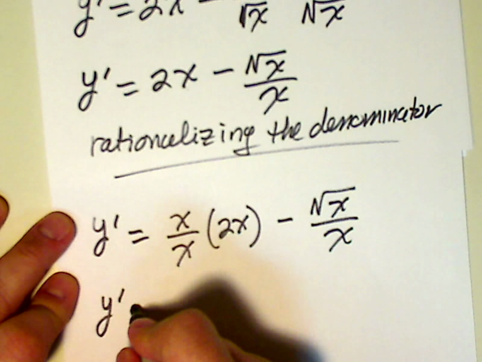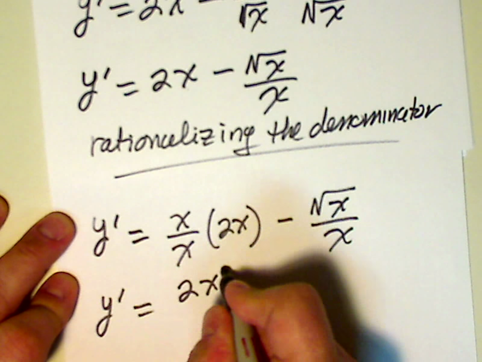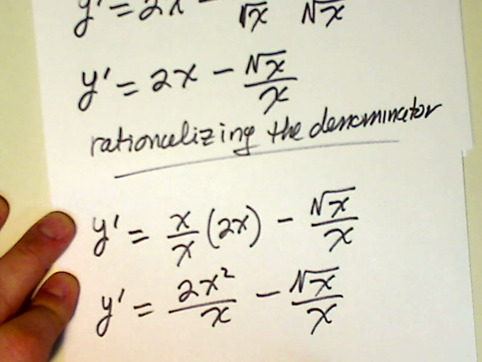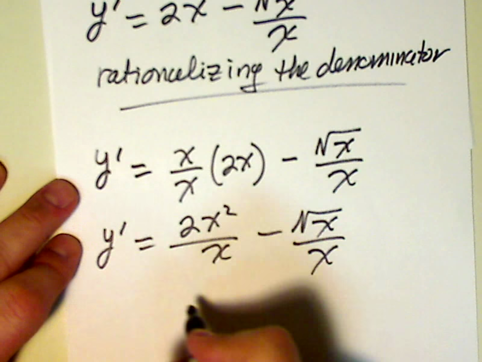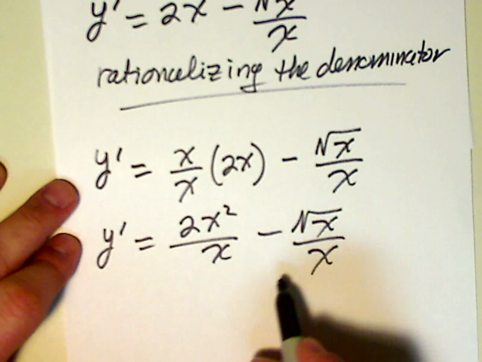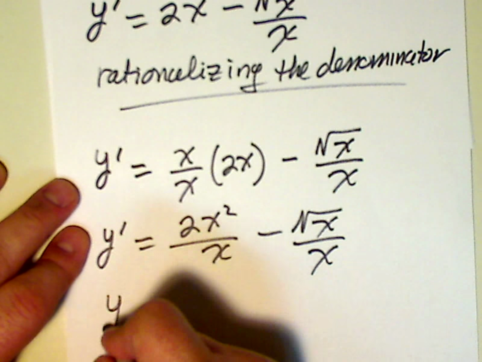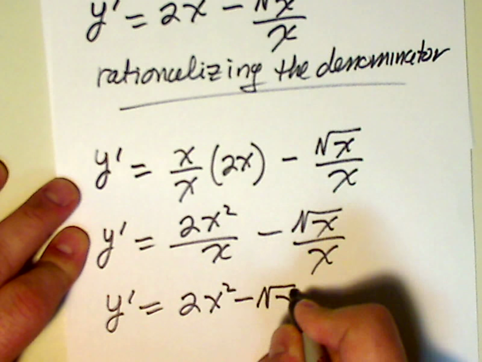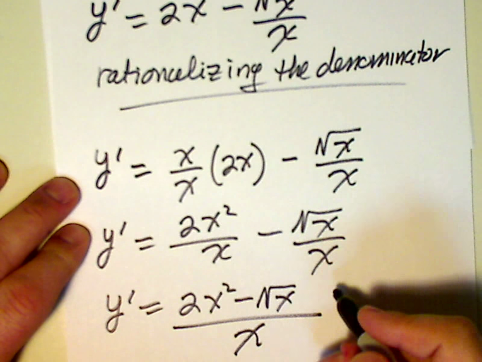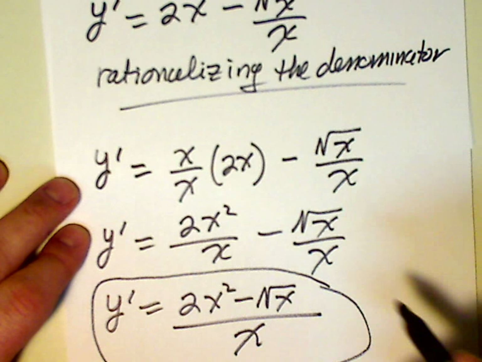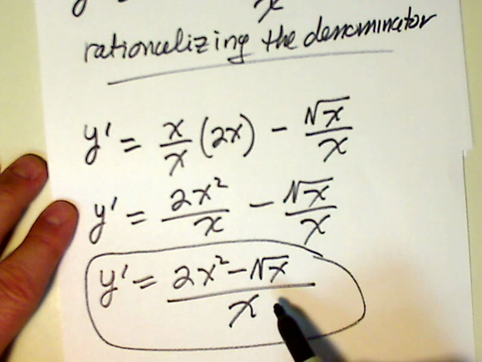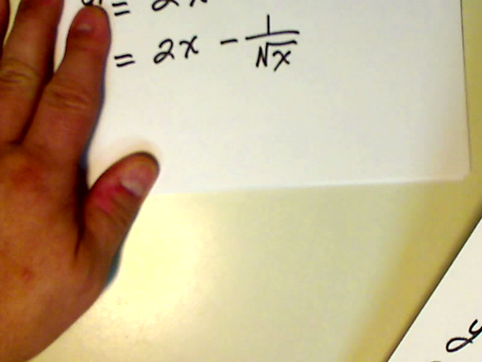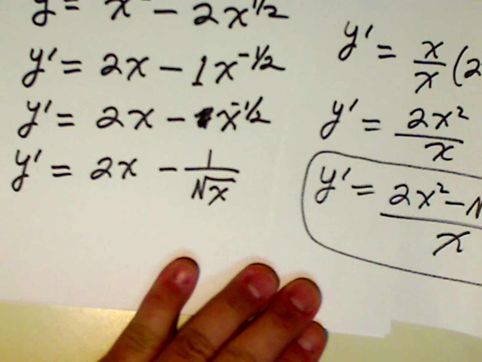And we get y prime is equal to 2x squared over x minus the square root of x over x. And we can now combine the numerators over the one common denominator. So y prime is equal to 2x squared minus the square root of x, over x. So this is another way that we can write the derivative that we had up here.